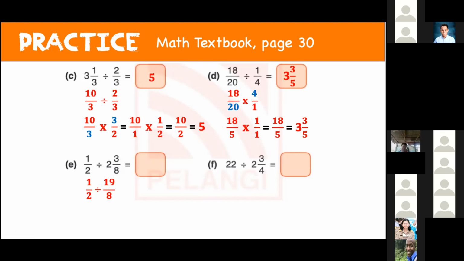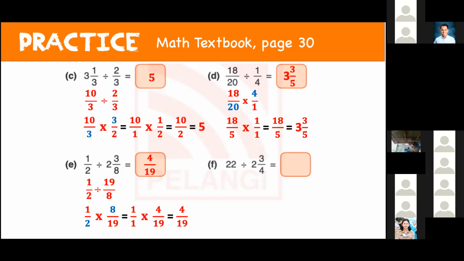Then get the reciprocal of 19/8. It is 8/19. Then 8 and 2, you can divide by 2. 8 and 2 becomes 4 and 1. So 1 times 4, 1 times 19. Answer is 4/19.